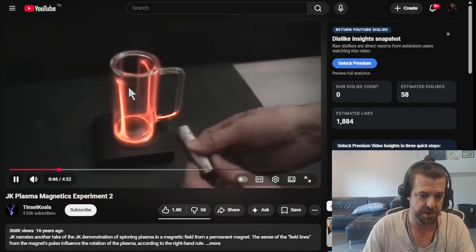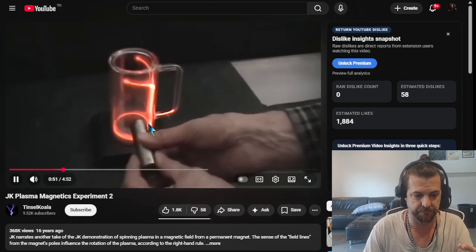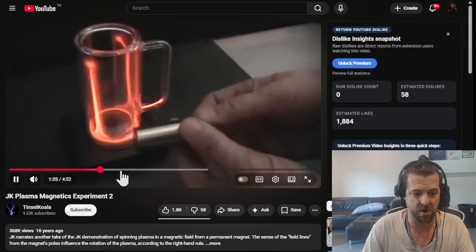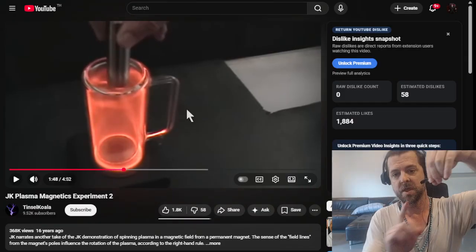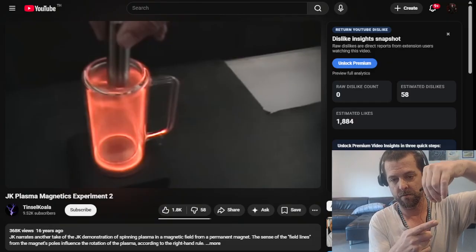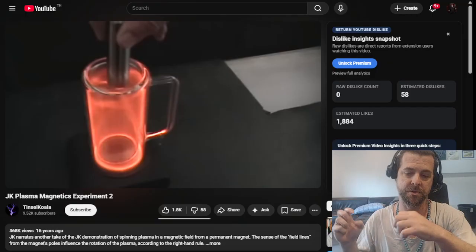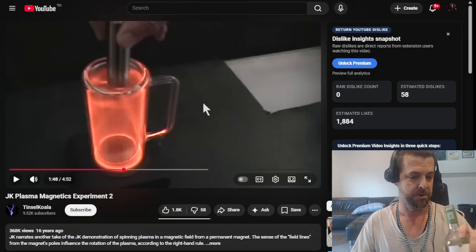And so you got the plasma there, and you can see as he puts the magnet on the plasma, it's going to make the plasma move. But as he sticks it in there, you see it's always going this direction, okay, like the right-hand rule, because that's the force that the magnet's putting on the plasma, which is reacting to the magnet, okay, like that.